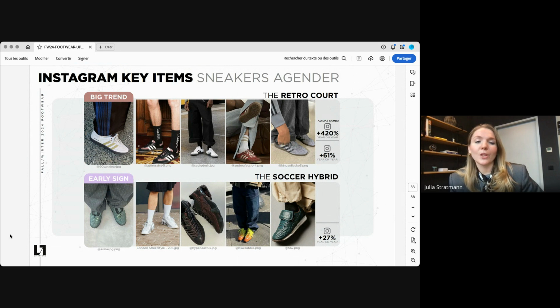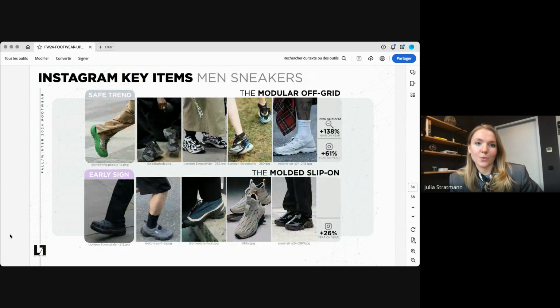And when we look at another slide on sneakers for menswear, we see the modular off-grid sneaker remaining a safe yet fashionable trend with 61% growth. It now features more enhanced soles that almost have a deconstructed effect. Additionally, the molded slip-on sneaker is signaling a fashionable early sign, adding a bit of diversity to the sneaker landscape.